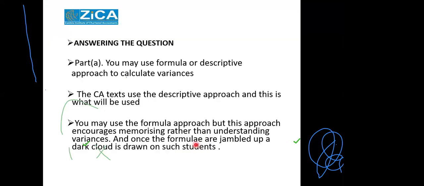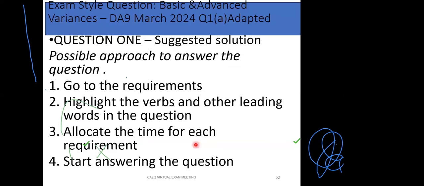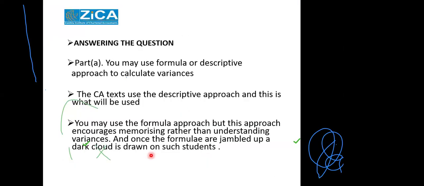Before that, there is some write-up there. Go to the question requirements. I like the verbs, like calculate. So when I went to the requirements, the verb is calculate, that examining verb. Then allocate the time: 10 marks require 18 minutes, and then start answering the question. In part A, you may use the formula or descriptive approach to calculate variances.